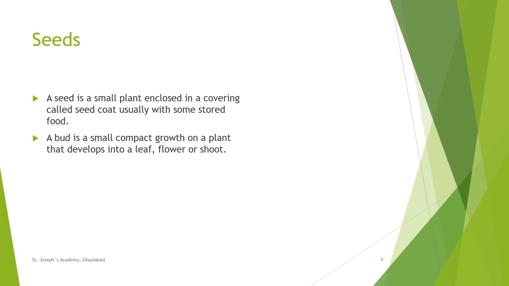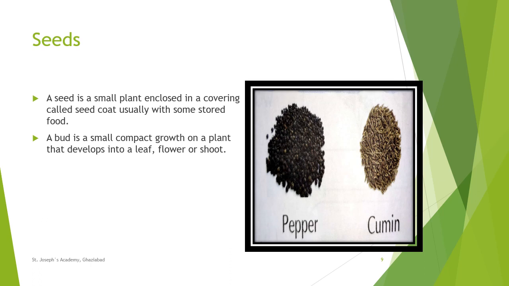It is in the form of the seed. Another example may be cumin. We all use cumin in our daily life. Cumin is also known as jeera, which we use in making our vegetables. So they are used in the form of the seed.